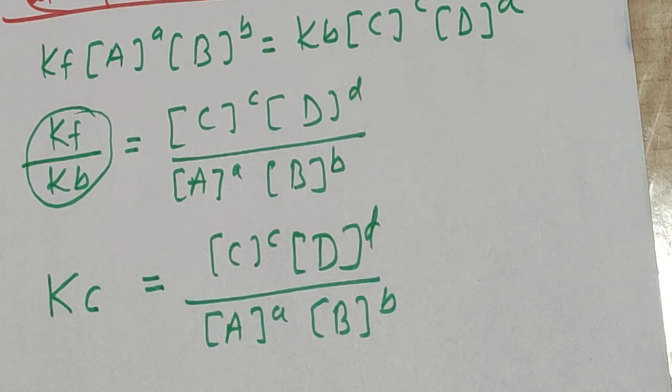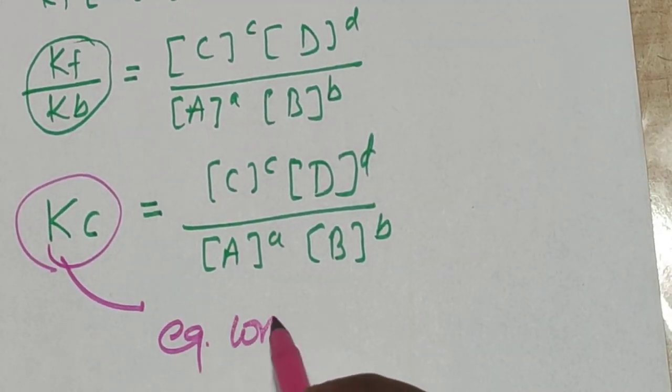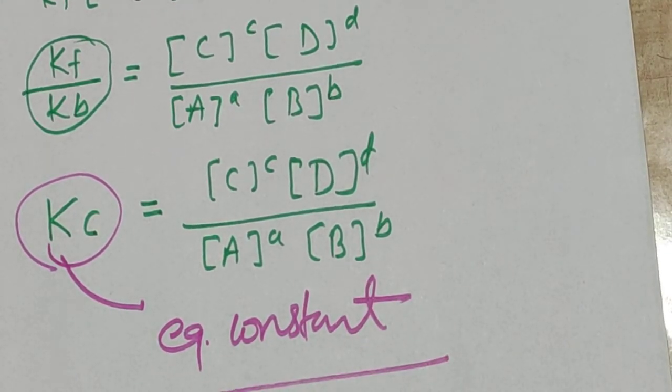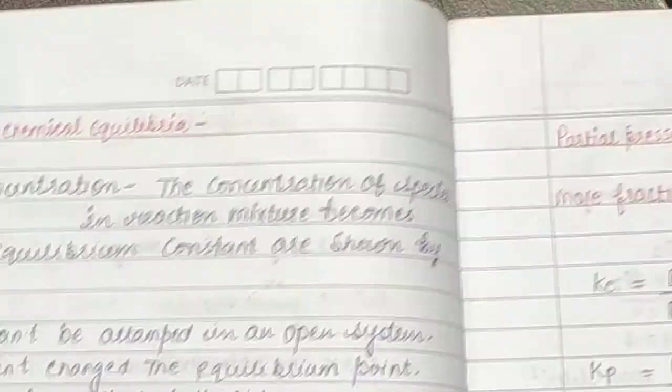You can consider any kind of reaction. So today I'm trying to explain what Kc is. Kc is basically the equilibrium constant. This Kc is known as the equilibrium constant. So for any reaction, applying the law of mass action, you can easily understand what the equilibrium constant is, or what the law of mass action is. To explain it further, I'm going to show you this law of mass action.